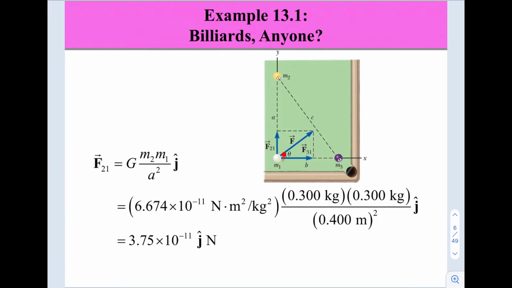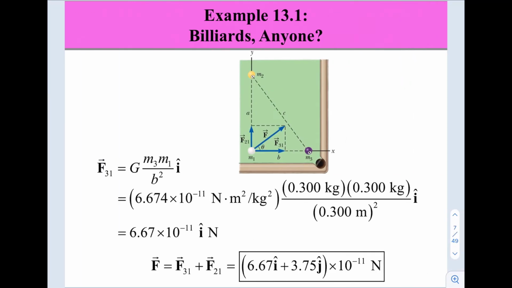Alright, we make use of F21 equivalent to capital G M2 M1 over the distance between 1 and 2, which is A squared. Then after that, substitute the rest of the information or values given to us, and we will know the amount of F21.